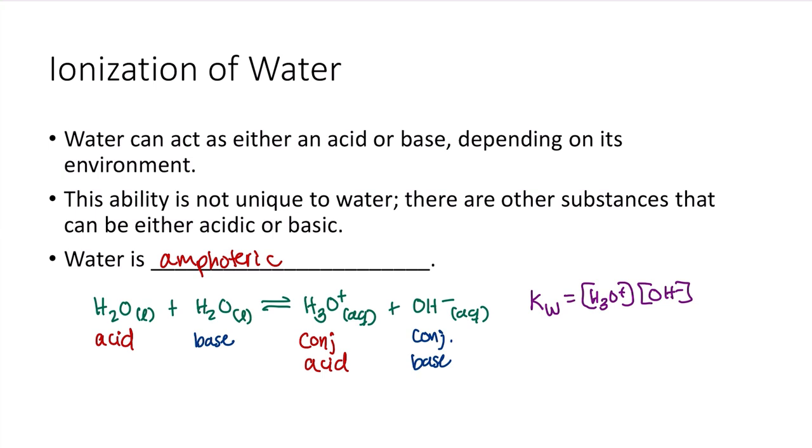And the equilibrium constant for this process is 1.0 times 10 to the negative 14. Remember, we do not put liquids in our equilibrium expression, so that's why we only have the products present and we don't have the reactants.